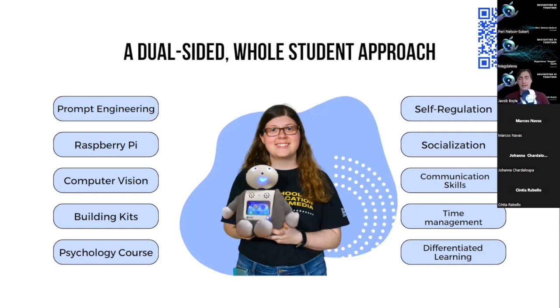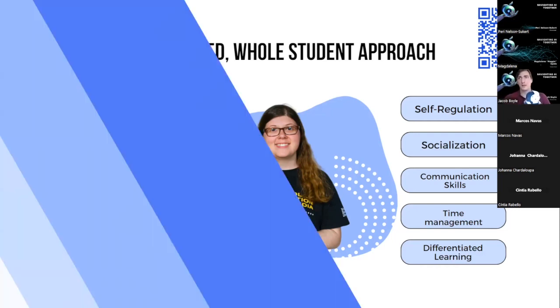On the SEL side, there are topics for, say, children with ASD or IDD: behavioral self-regulation, socialization, and skills for better communication. I'm sure a lot of educators can say every student needs better communication at some point. And there's differentiating learning for students at different levels of capability in the classroom, having a personalized coach to help them through even just normal lessons.